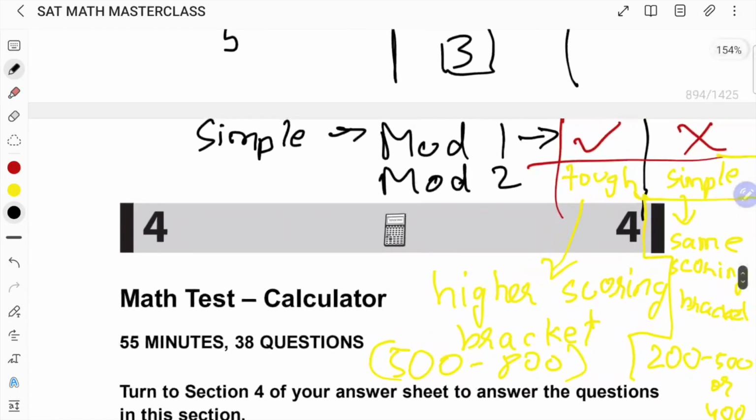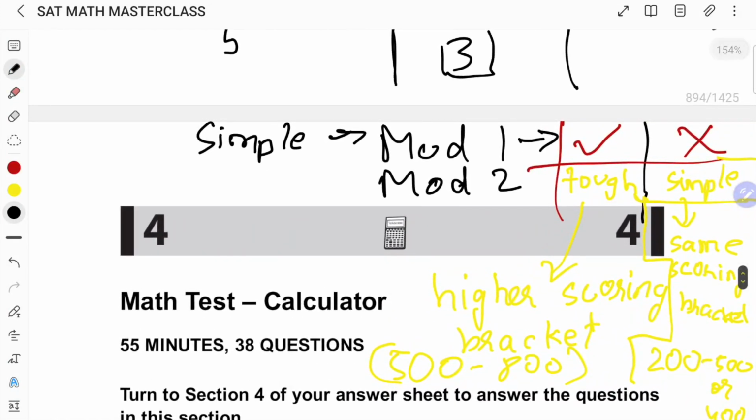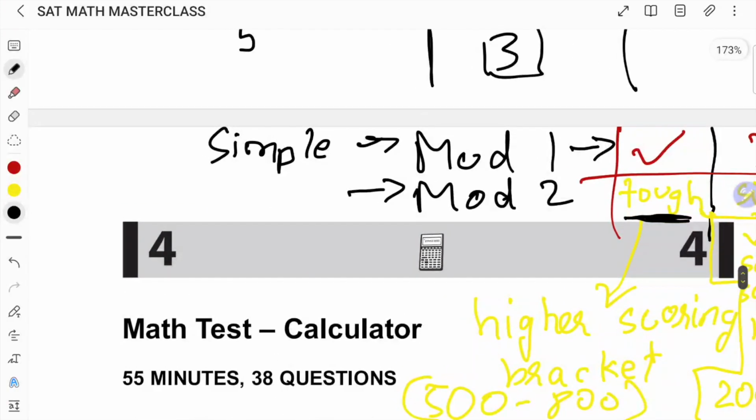Let me give you one very vital piece of information. Module 2, in case you are placed into the tough bracket, has tough and time consuming questions.